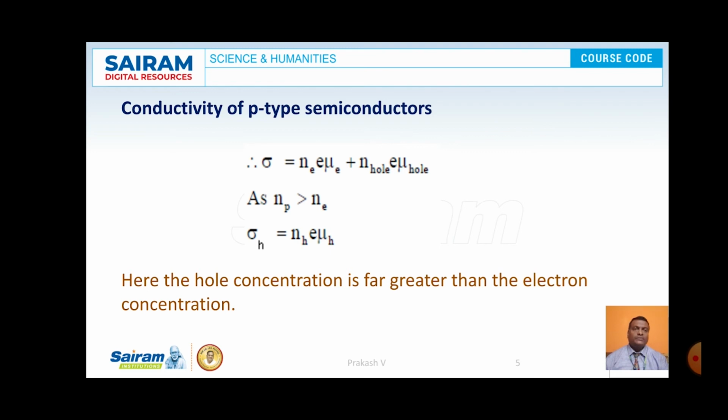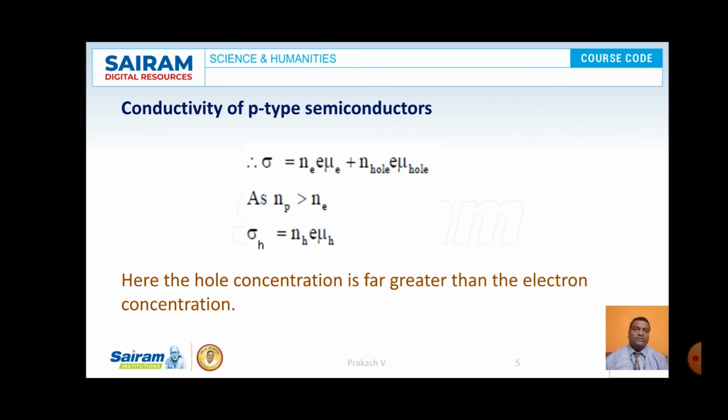Here it is observed that the number of holes per unit volume of the material is very much greater than the number of electrons per unit volume. That's why we can write Nh is greater than Ne. So the first term in this equation is not considered for deciding the conductivity of a p-type semiconductor. Therefore, the conductivity of a p-type semiconductor is expressed as sigma h = Nh·e·μh.